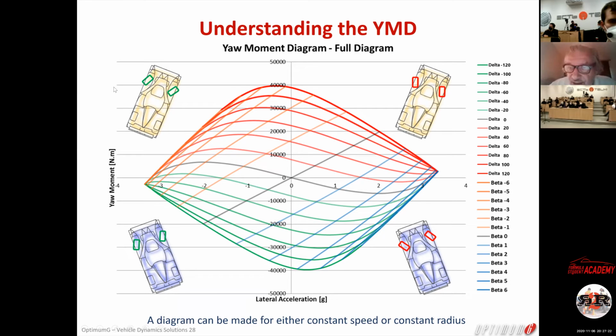What does that mean? Here, it's going to give you the maximum G that that car can get at a given speed, and if you zoom in on that, you will know what's the steering angle and the yaw angle that you have to have on that car.